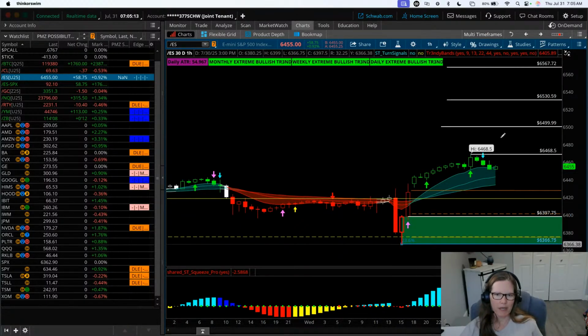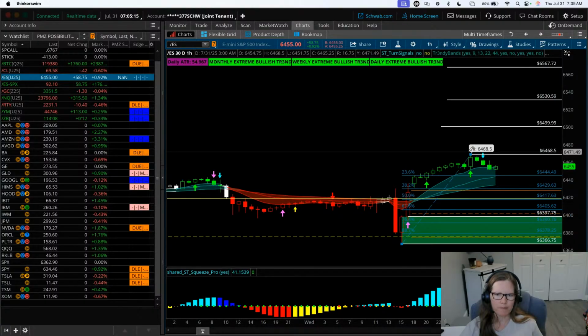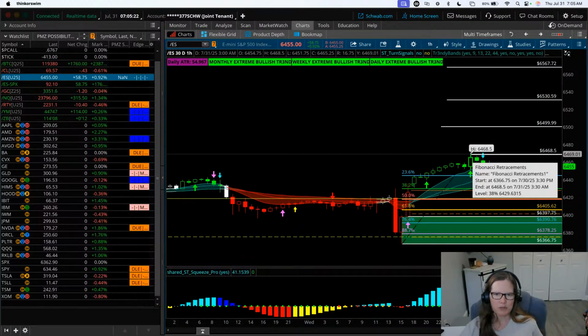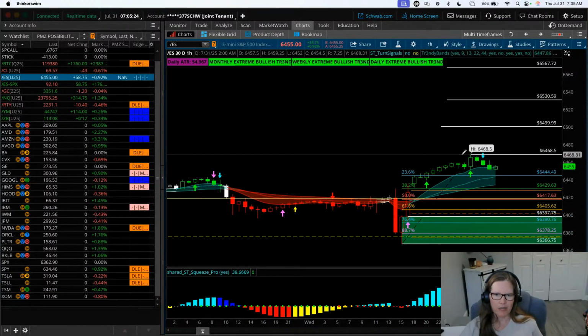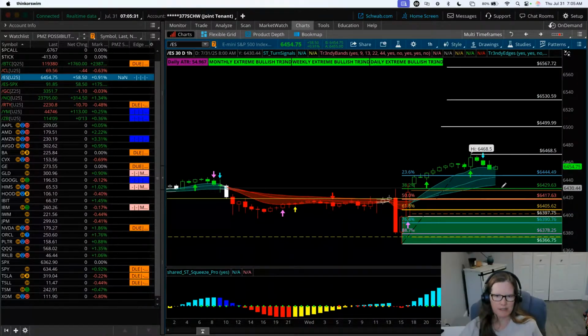So the way that I'm going to find those trim targets is I'm going to run a Fibonacci retracement from the low yesterday up to the high that was created overnight. That's going to give me some Fibonacci levels. You can see the 23.6 and the 38.2. This is what we call the bull channel.